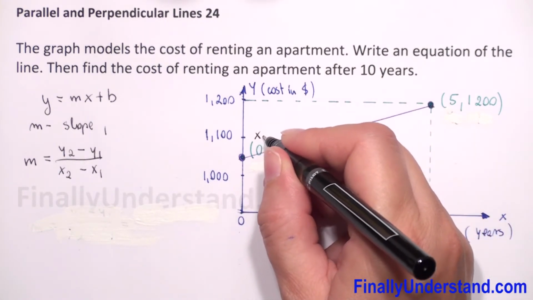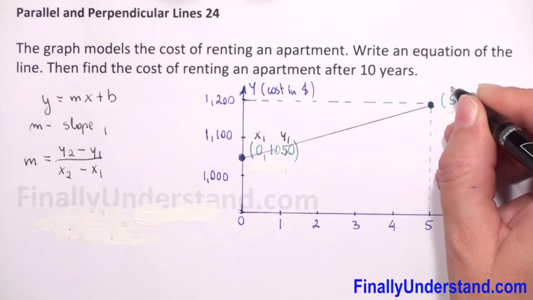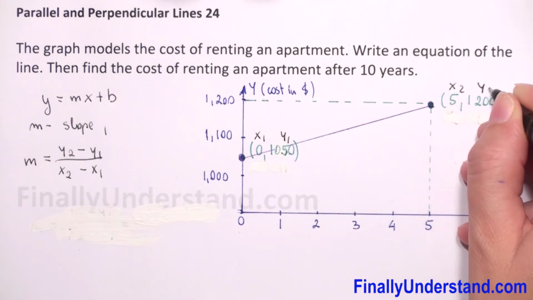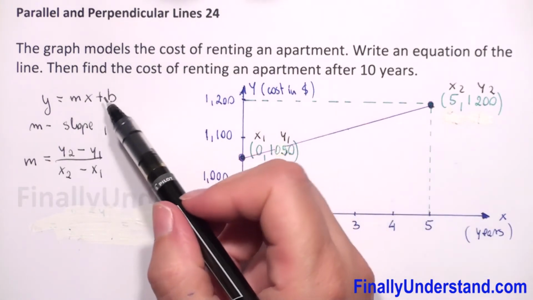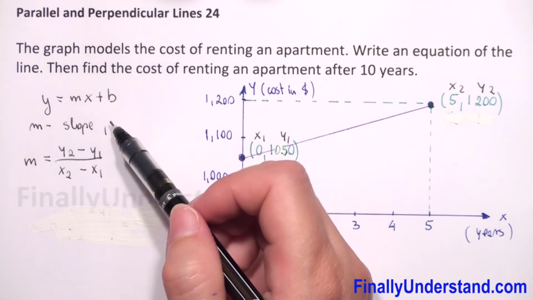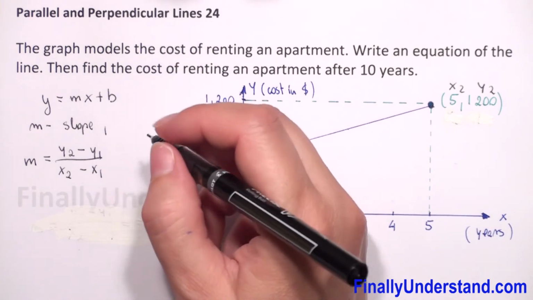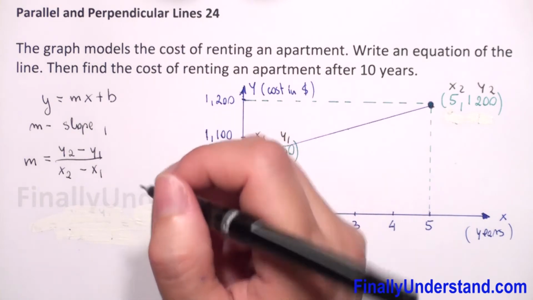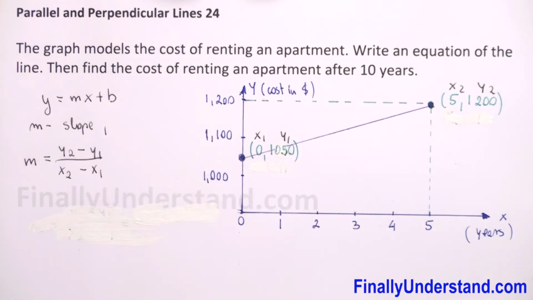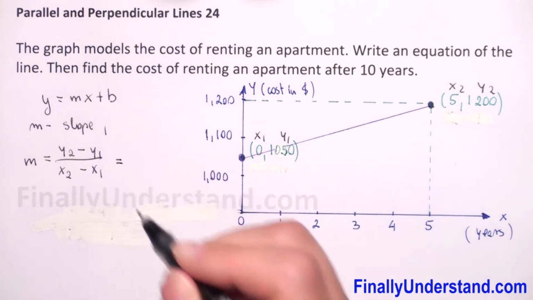This is x1, y1, x2, y2, and we need b. b is the y-intercept.